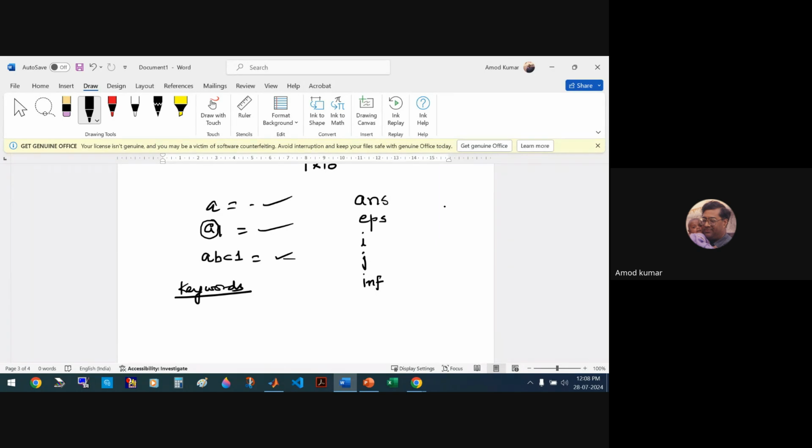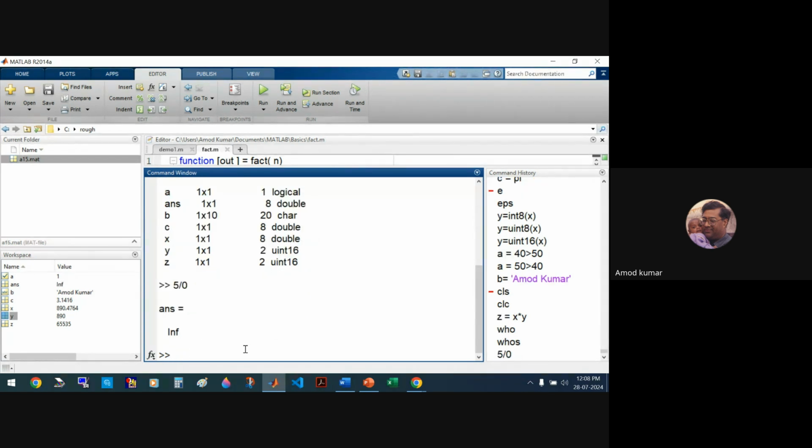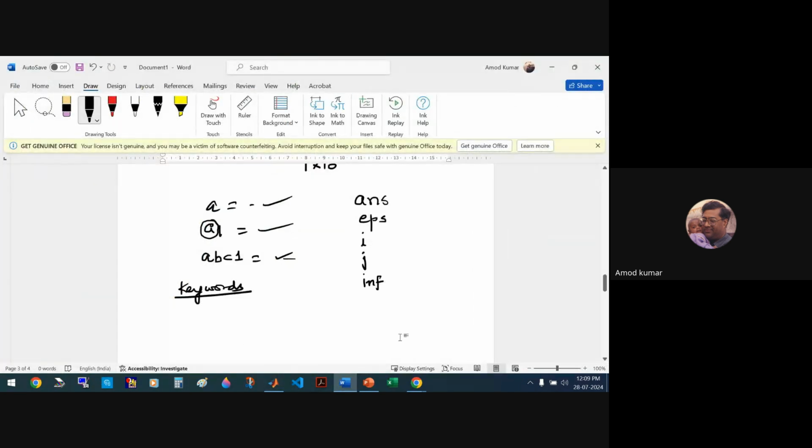INF is reserved for infinity in the computer. For example, suppose you divide anything by 0. 5 divided by 0. So what is the answer? It is INF. So this INF, MATLAB has kept reserved for itself. You cannot use it. So I think this is clear.